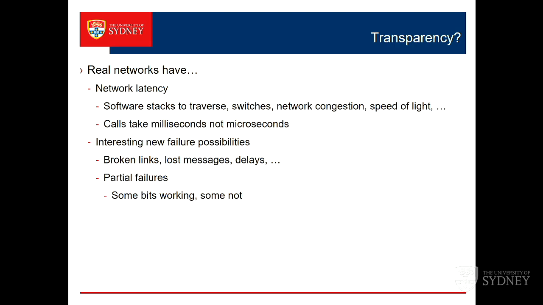How far away is Canberra? 300 kilometres is the answer to that question. So how long does it take a message, ignoring the switches, etc., to get from Sydney to Canberra? 300 kilometres, 300,000 kilometres a second.